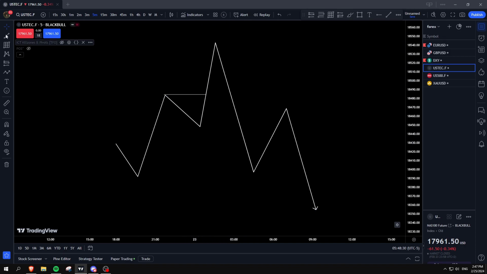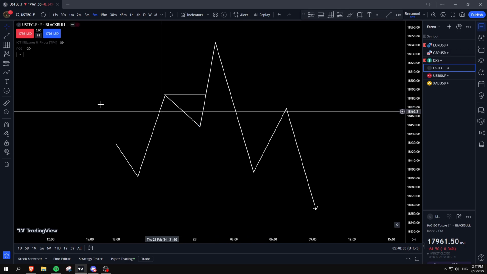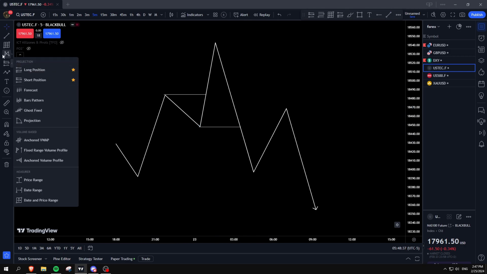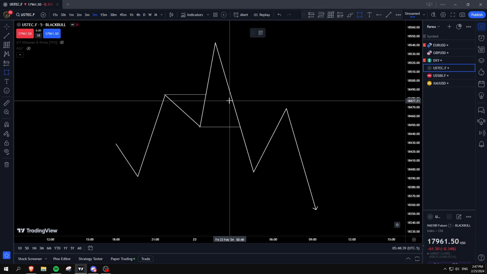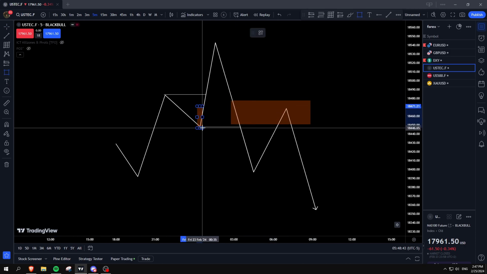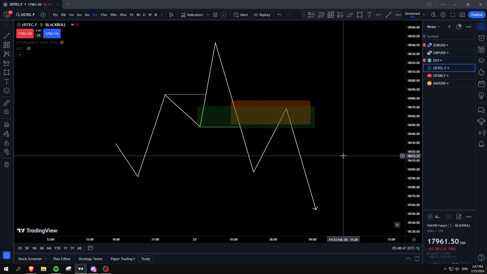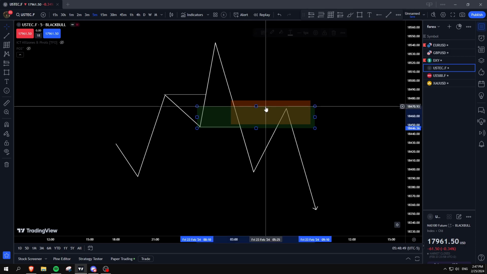Then we have a market structure shift to the downside. So whenever we see a fair value gap forming here, aligned with the breaker block here, this is called the ICT Unicorn Entry Model.